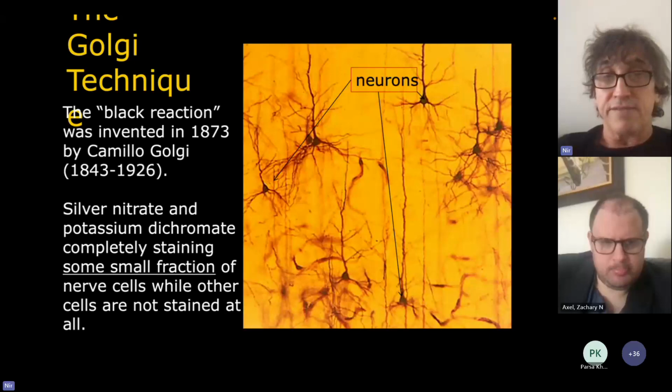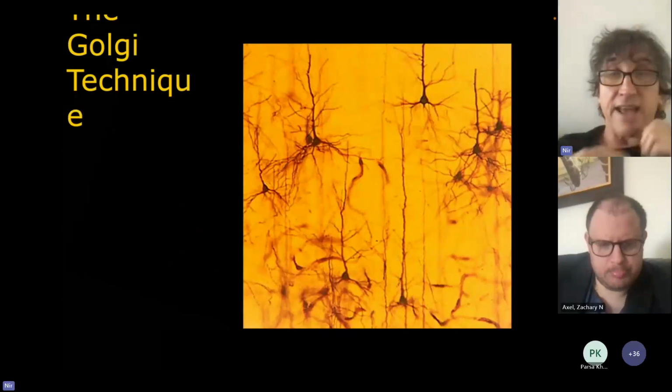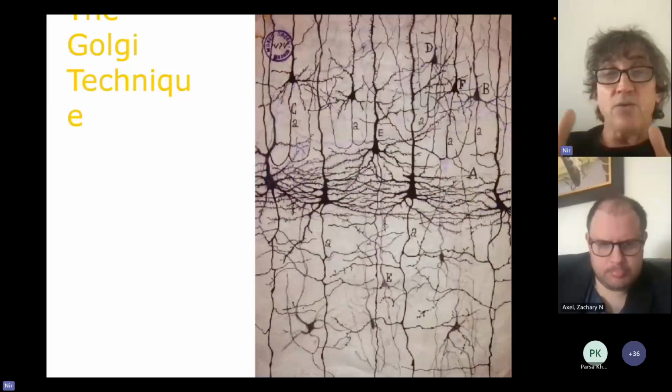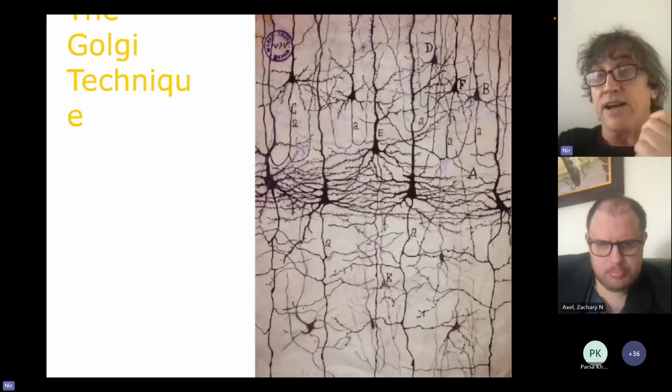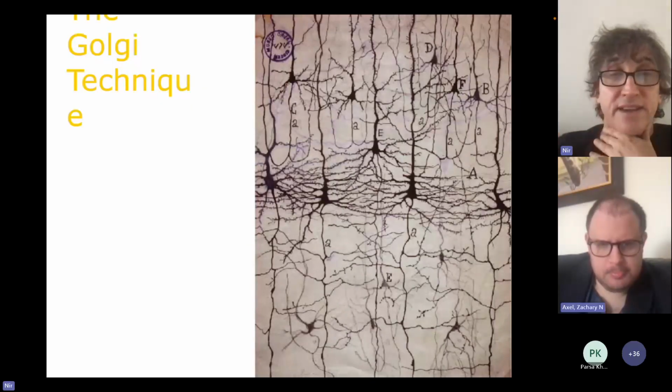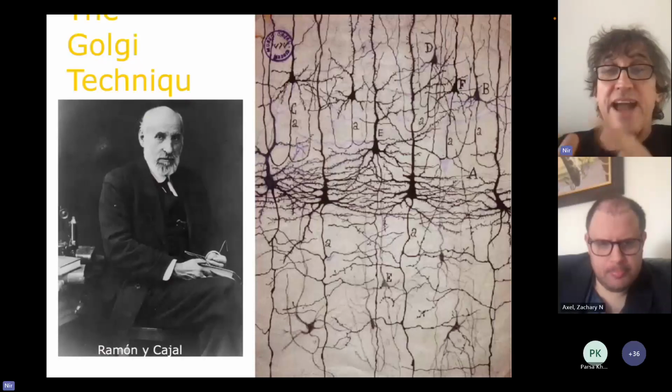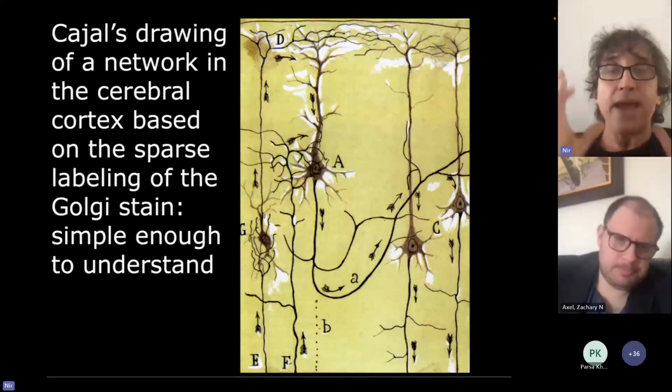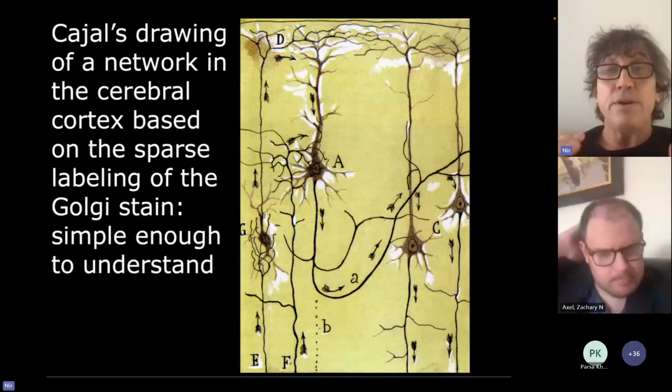A guy called Camillo Golgi invented a technique that painted neurons, this silver nitrate technique, and the Golgi technique allowed another great scientist, Santiago Ramon y Cajal, to map neurons and draw their accurate shapes. Cajal looked at these neurons painted with the Golgi technique through a light microscope, and he drew amazing pictures, and he came up with a theory.